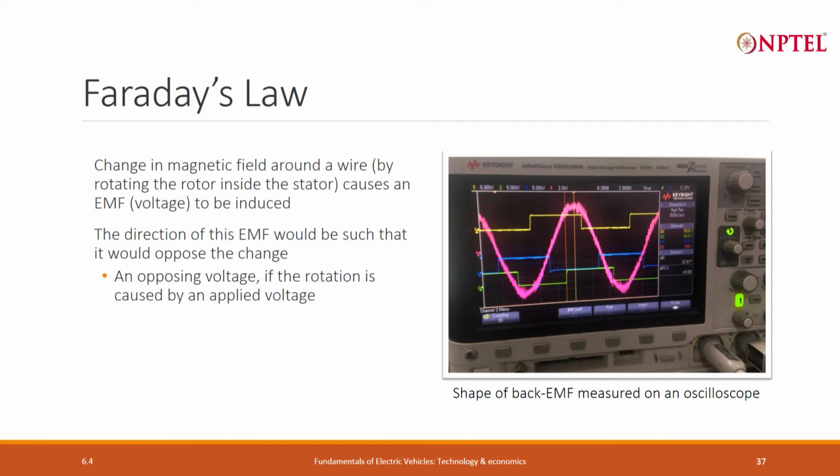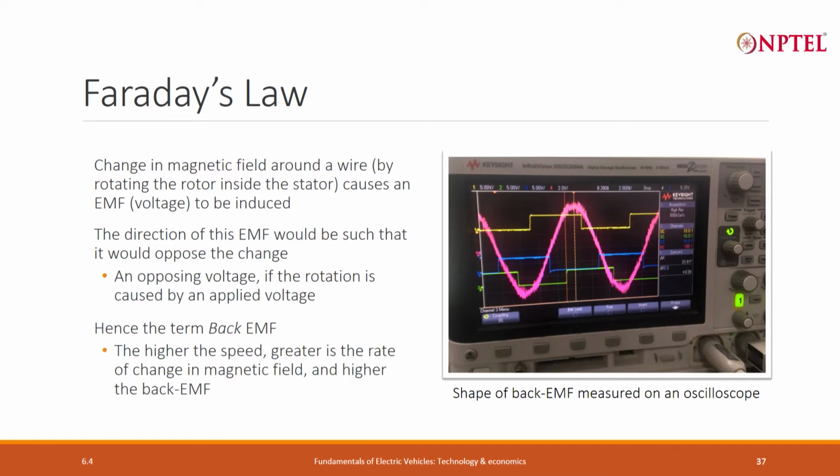So, this is just an explanation of the Faraday's law that we just now discussed. Because it is opposing the change, we use the word back along with EMF, back EMF. And as we just now discussed, at higher speeds the back EMF is greater in magnitude, and it is also higher in frequency.